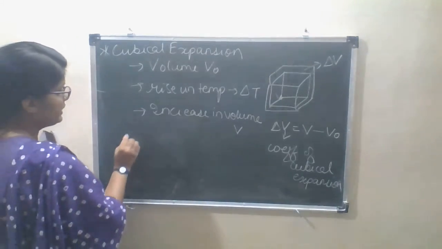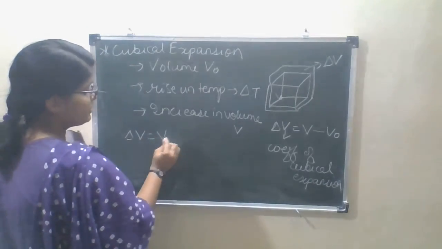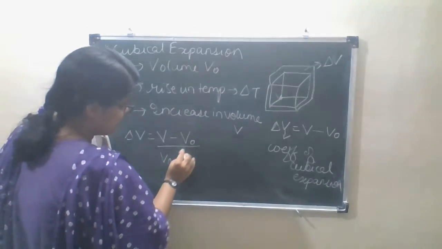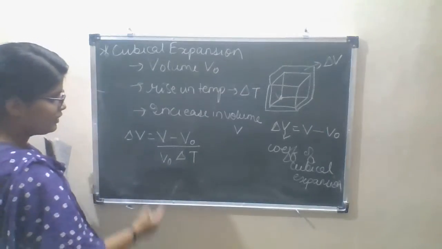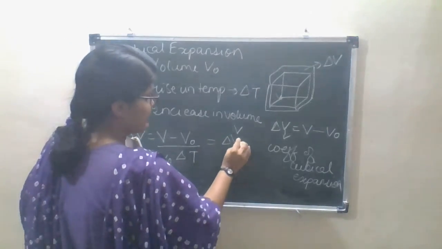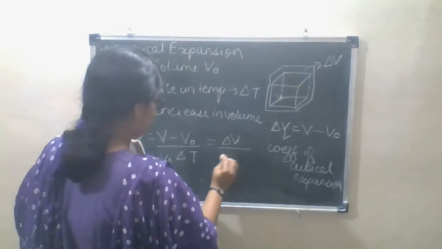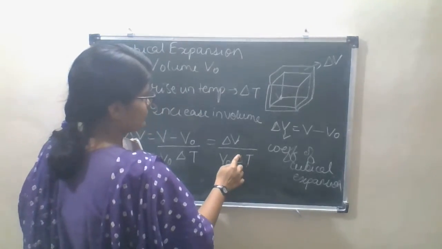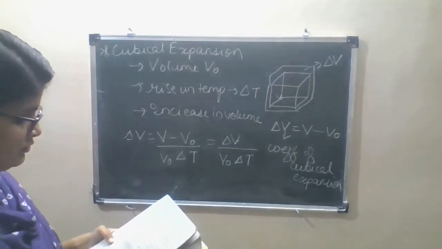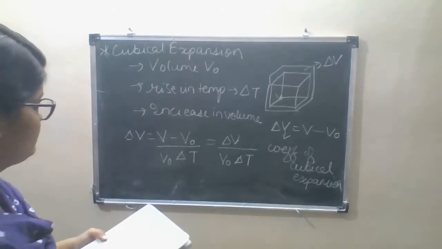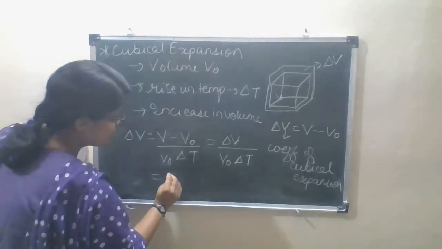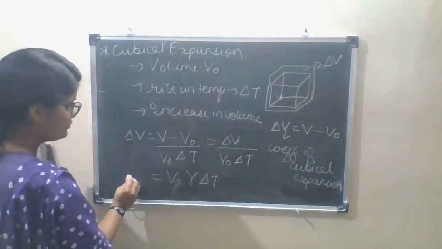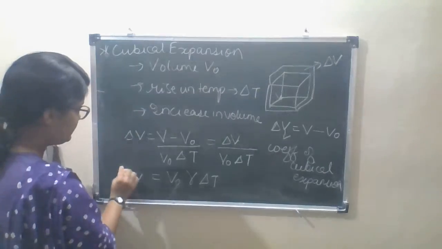Delta V is nothing but the final volume minus the initial volume, then again the original volume V0 multiplied by delta T. So this equation can also be written as delta V upon... Then the proportionality constant is given by V0 gamma delta T. Delta V is given by this equation.